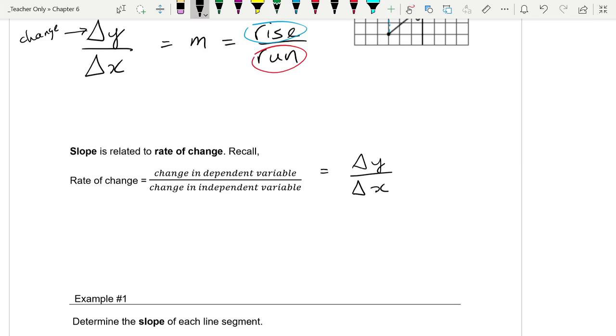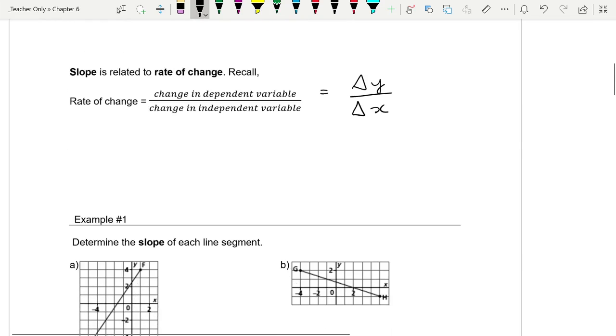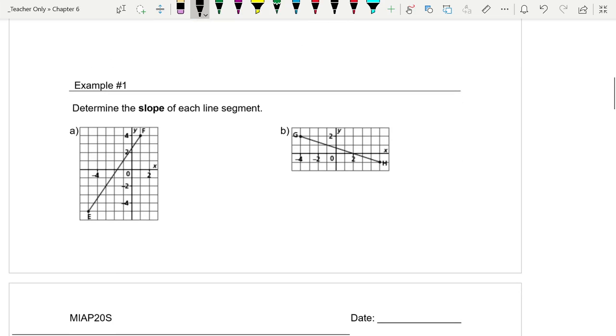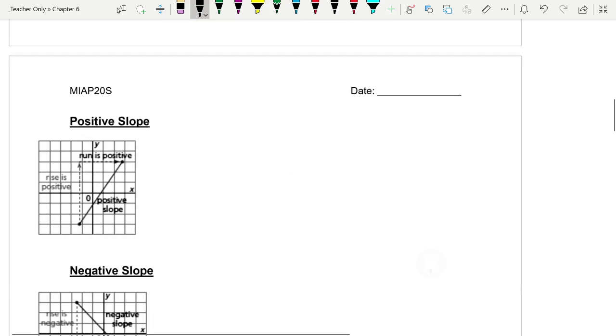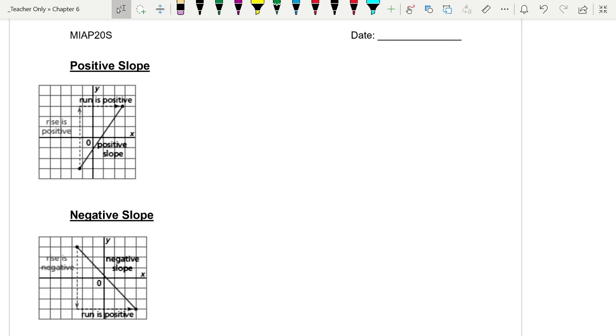And let's take a look at, first of all, this is what yours has as the next thing. What does it mean to have a positive slope? So on your page, you're looking at the positive slope. Don't worry, I'll come back to those examples. It's just in a different order on your page. Positive slope means that the run is positive, so that's a positive denominator.